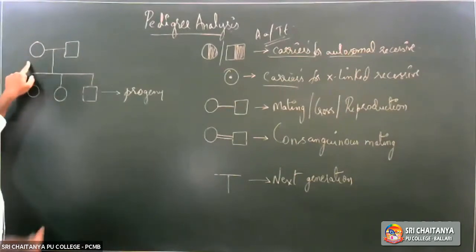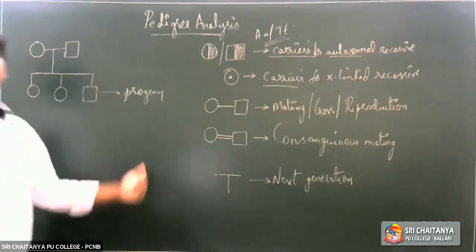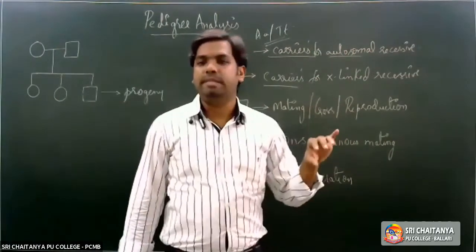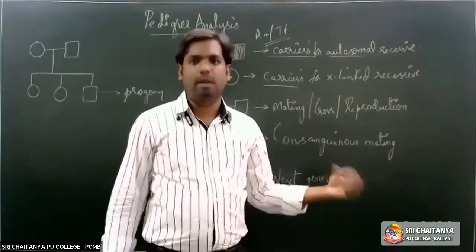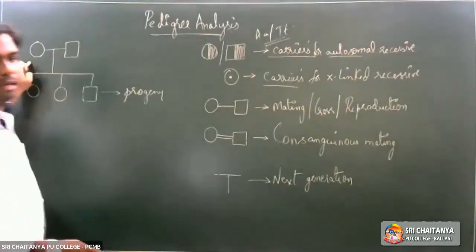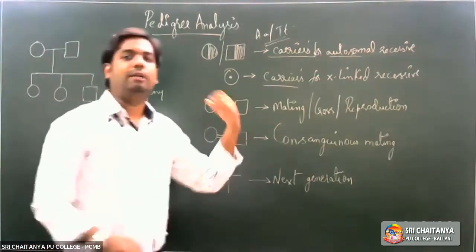So a normal female is an empty circle. A normal male is an empty square. And the third one we saw was a diamond-shaped symbol, which represents unspecified sex. Then we moved on to the circle being completely solid: if the circle is solid, that denotes an affected female.